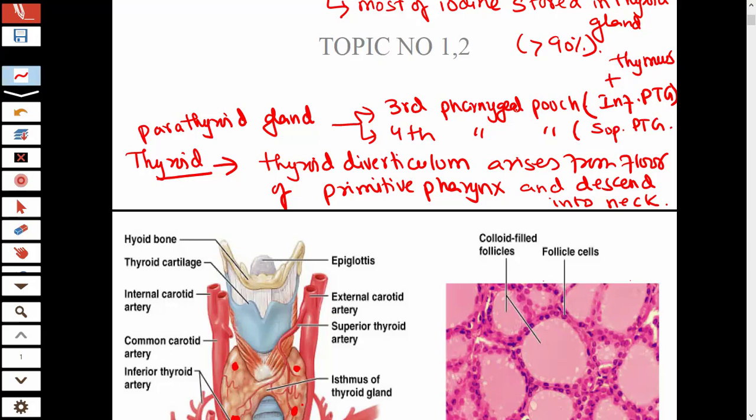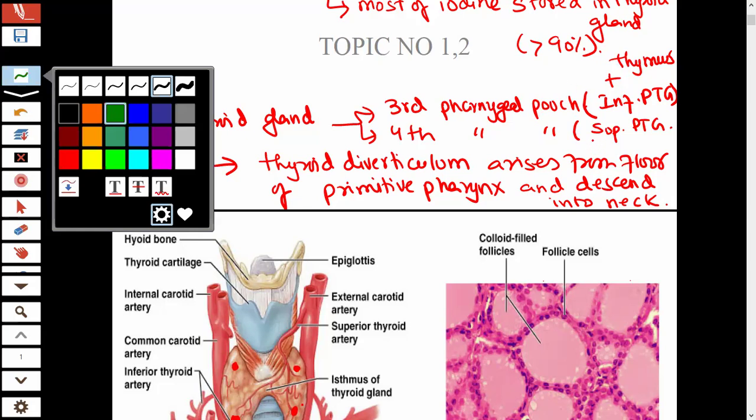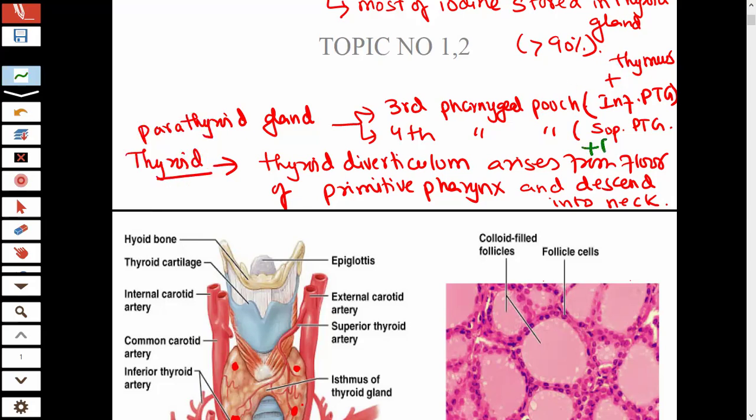And in the fourth pharyngeal pouch, one more thing is also developing, and that is your parafollicular cells. So please remember, parafollicular cells and the superior parathyroid gland are developed in the fourth pharyngeal pouch.